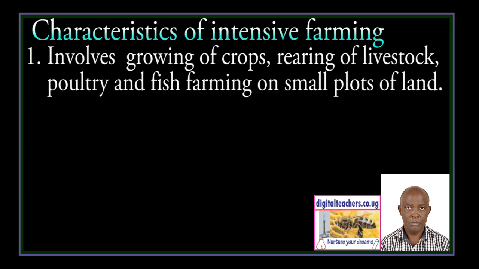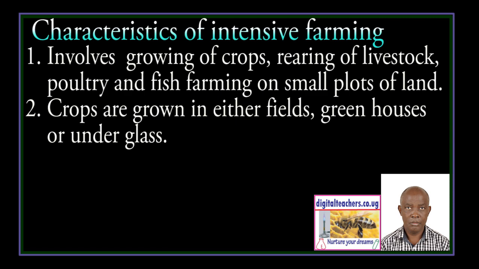Characteristics of intensive farming: it involves growing of crops, rearing of livestock, poultry, and fish farming on small plots of land. Crops are grown in either fields, greenhouses, or under glass.